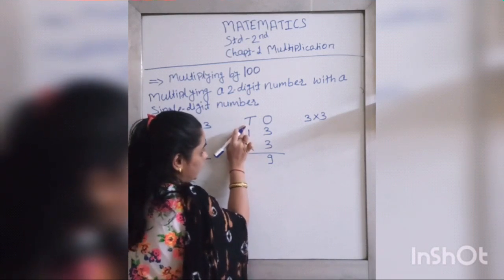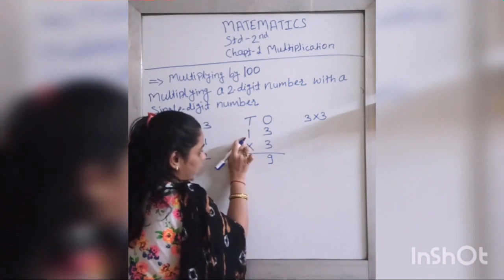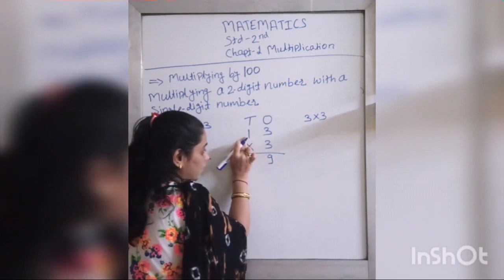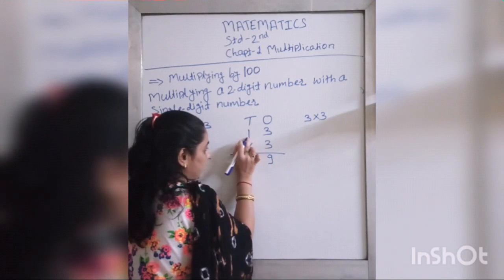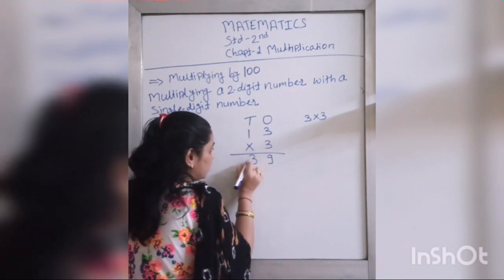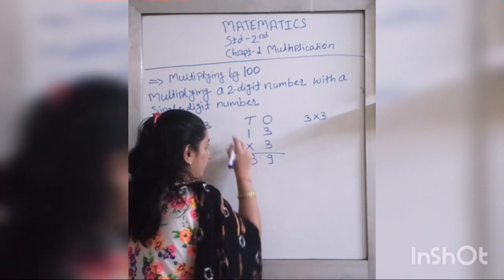That means 3 ones are? Whenever we multiply any number with 1, what we get? We get the same answer. So 3 ones are 3. So 13 multiply 3 is equal to 39.